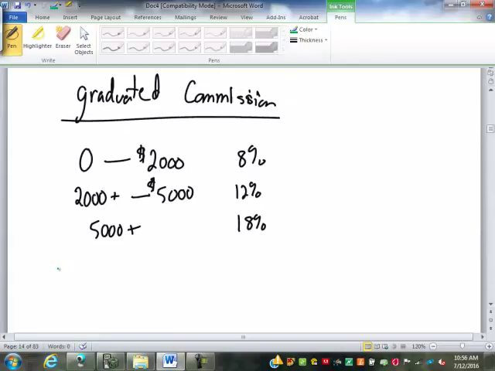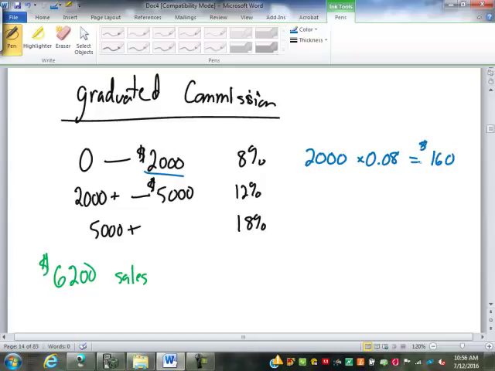So let's say your weekly sales are $6,200. Did we go over the $2,000? Yes. So that means the first $2,000 goes at the 8%, which is $160. How much is left? $6,200 minus $2,000 is $4,200.